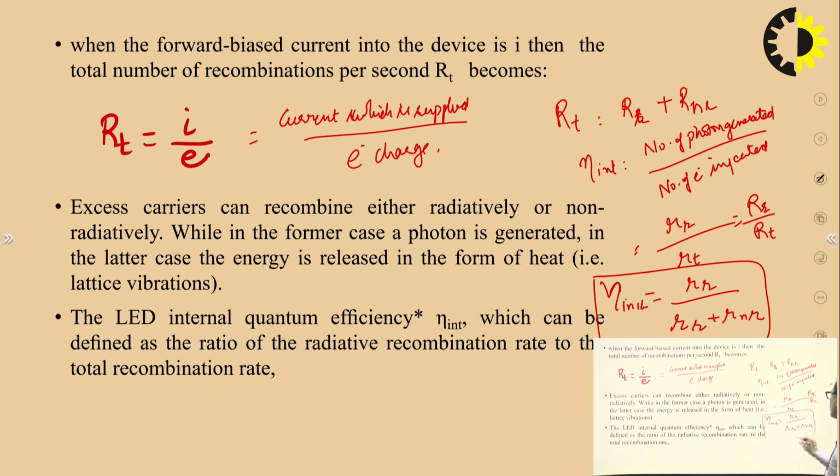So this is one of the formulas for the internal quantum efficiency. Now another formula can be written as follows.